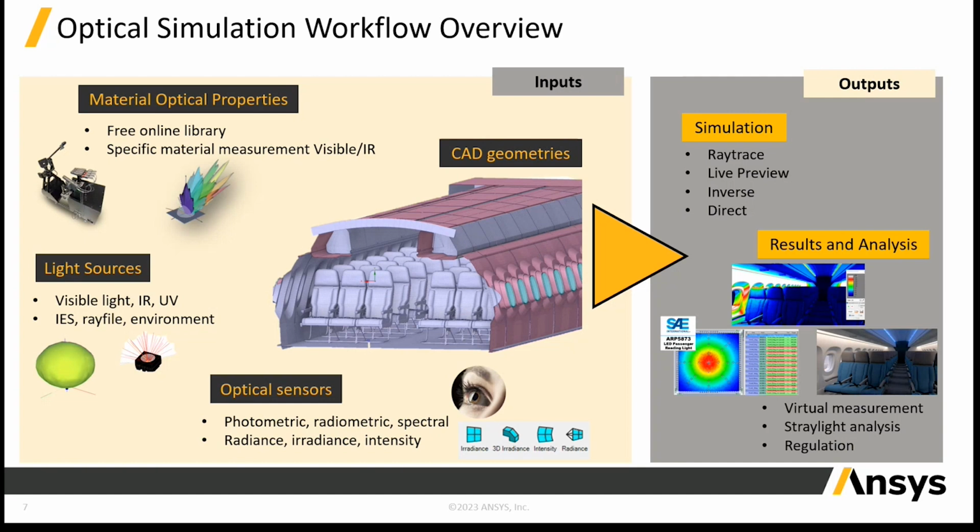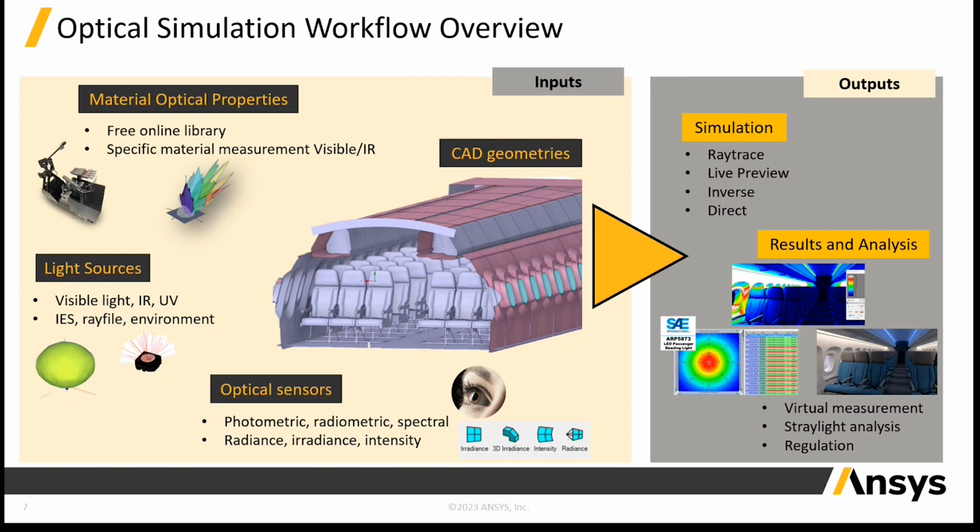Okay, so here on this slide there's an overview of the optical simulation workflow. So on the left side you have the inputs and on the right side the outputs. So at first it's very important to have good and proper inputs that are applied on the CAD geometries that are imported or generated in Ansys Speos.